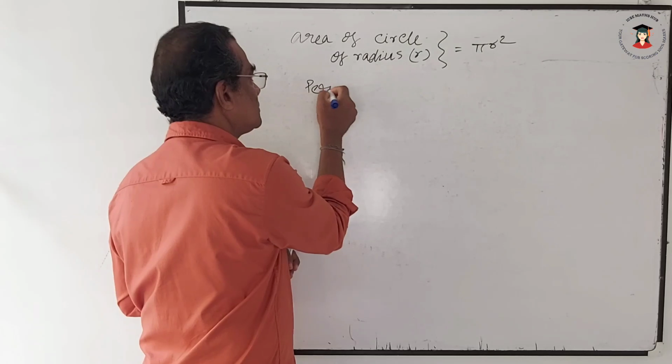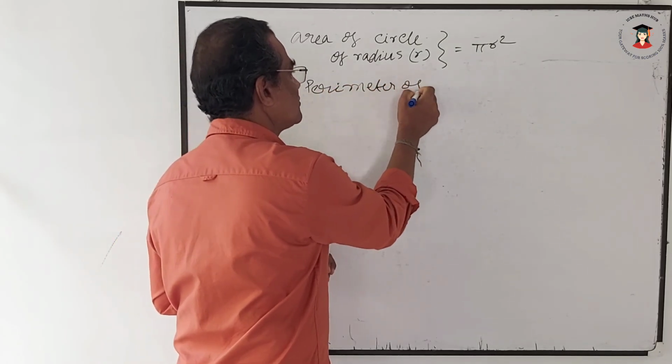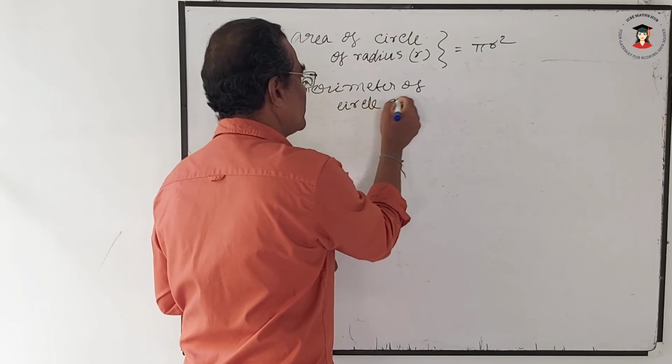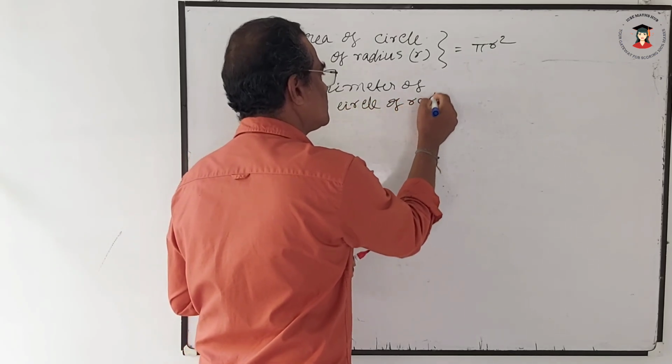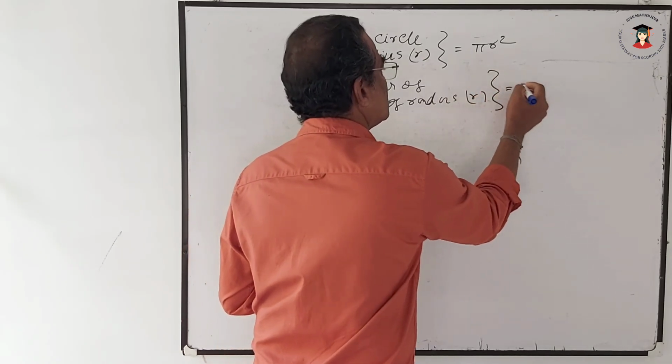The perimeter of a circle of radius r is equal to 2 pi r.